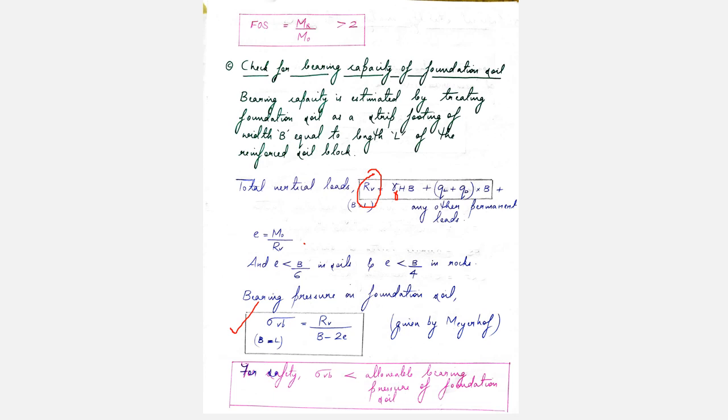Okay. So once you have calculated the actual bearing pressure sigma Vb, you have to compare it with the allowable bearing pressure of the foundation soil. So if that actual bearing pressure is lesser than or almost equal to the allowable bearing pressure, then your design is safe. Okay.